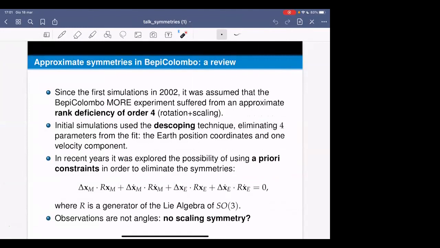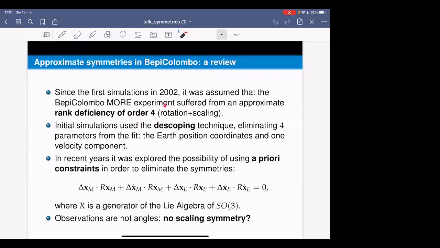So let us review what has been done for the approximate symmetries in the BepiColombo mission so far. Since 2002, when the first simulations were done, not with the present software Orbit 14 but with another software, the assumption was that BepiColombo was suffering from an approximate rank deficiency of order 4.